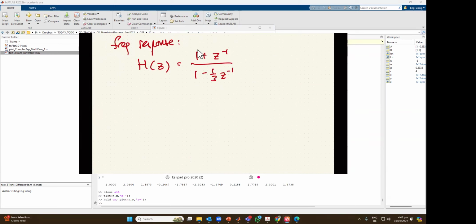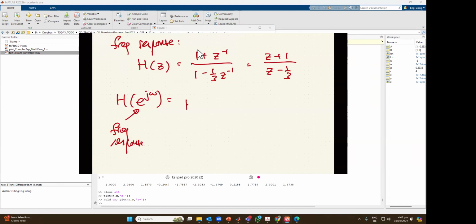Agree? Happy, everybody? Of course, I don't like negative powers of z. I have no idea how to do this. So this is the same. Nothing happened. H of e to the j omega is the frequency response.